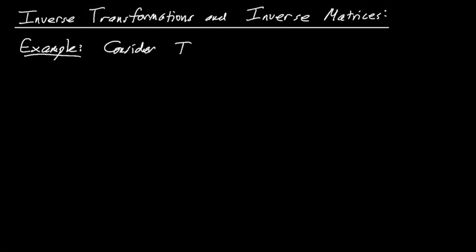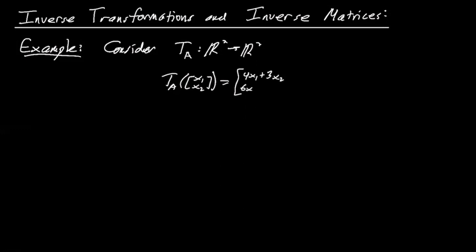Consider, let's call this one T sub A, from R2 to R2, given by, we apply it to x1, x2, we get 4x1 plus 3x2 and 6x1 plus 5x2, right? And the second transformation, T sub B, let's say y1, y2.